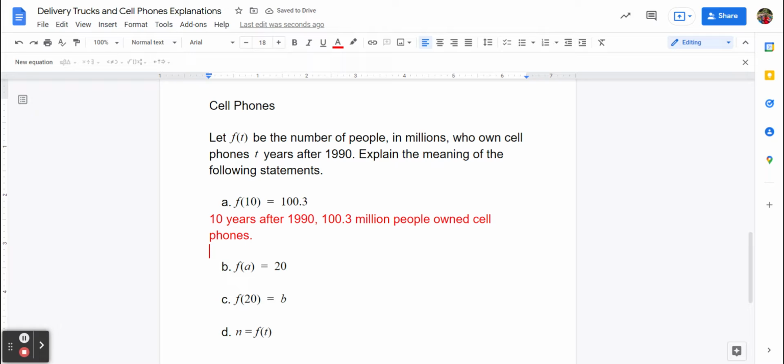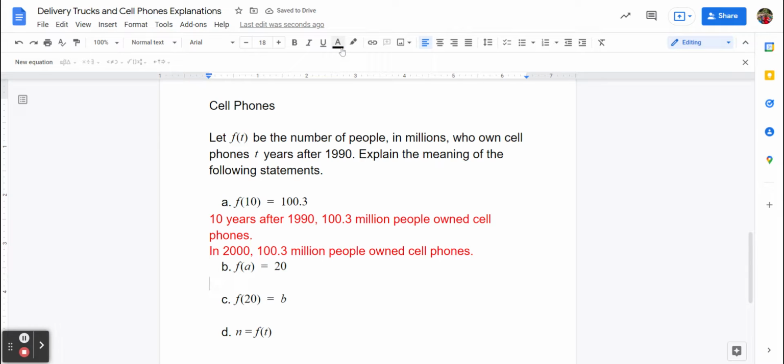You can also say, what is 10 years after 1990? 10 years after 1990 is 2000. So you can say, in 2000, 100.3 million people owned cell phones. Okay, so either one of these would be fine.